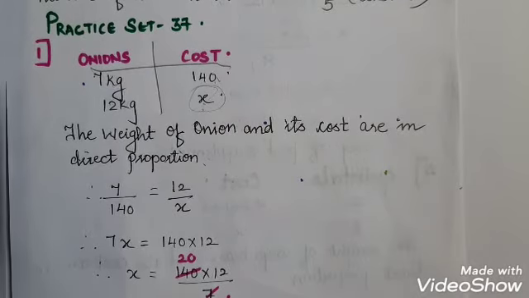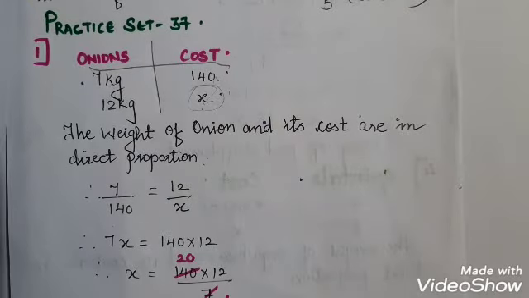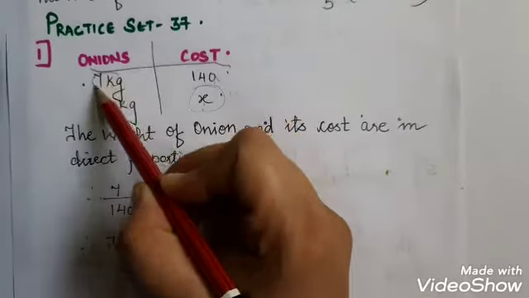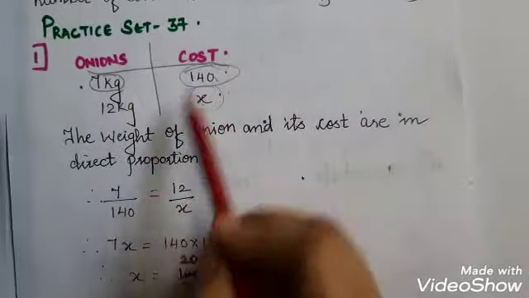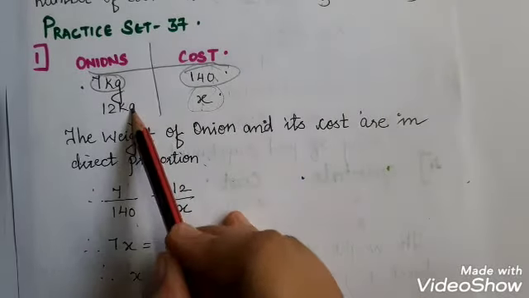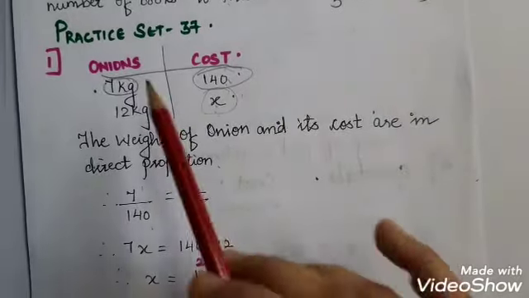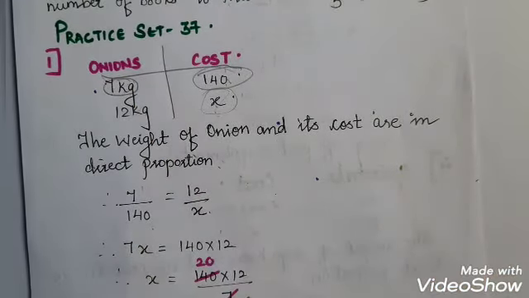Right. So now I will write this in the form of ratio, that is 7 upon the cost. 7 upon 140 is equal to 12 upon x. The onions upon the cost, and again onions upon the cost.